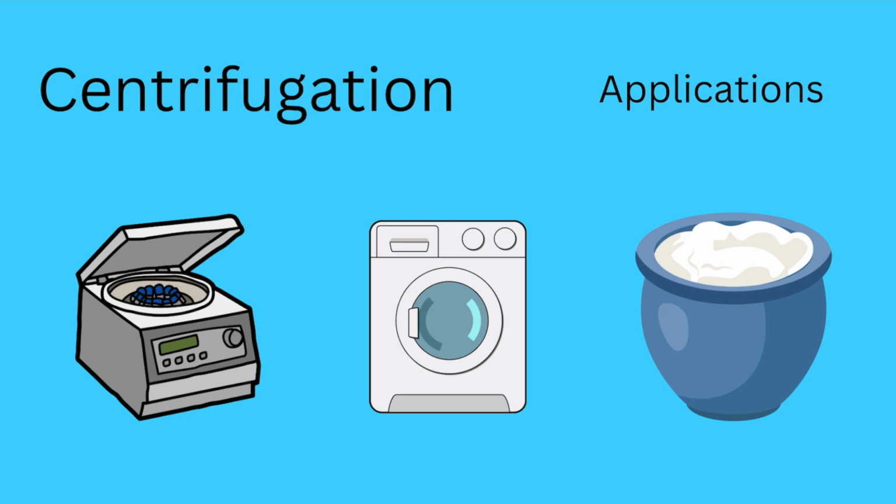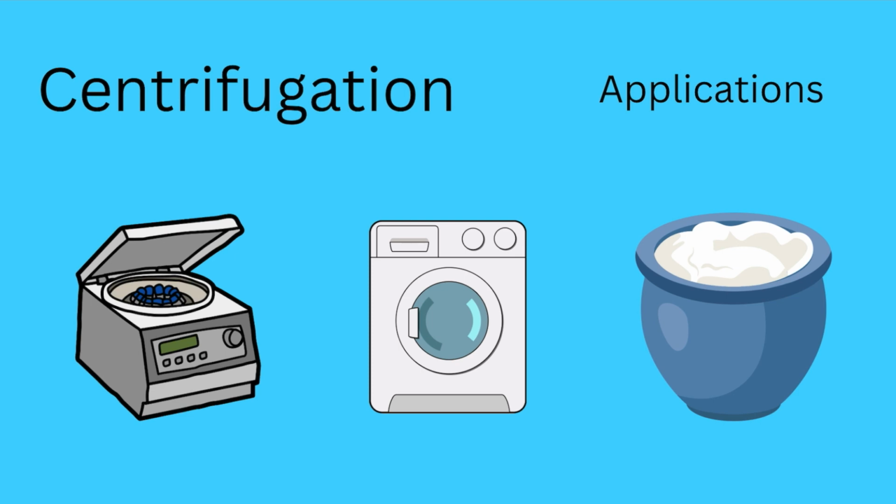In that case, they place your blood in a test tube in a centrifuge machine, and they turn it on and it spins your test tube rapidly. That forces denser particles to settle down, and lighter things to float at the top. And then they'd be able to easily get away with the lighter ones and test the denser ones that are settled. So this picture here is a picture of a centrifuge machine which is used in labs to take blood tests.